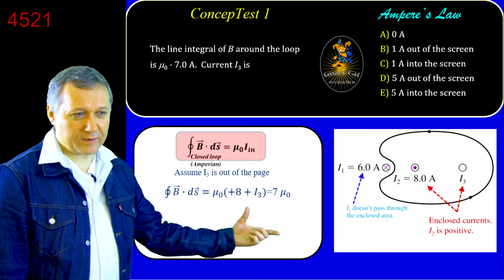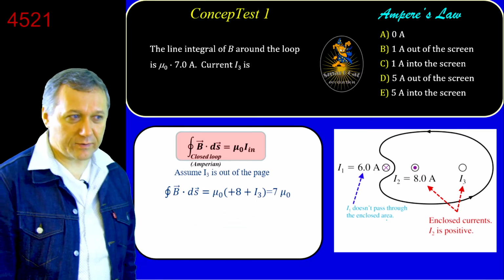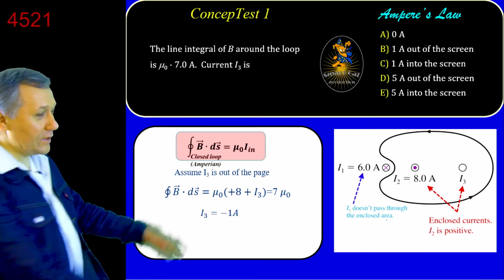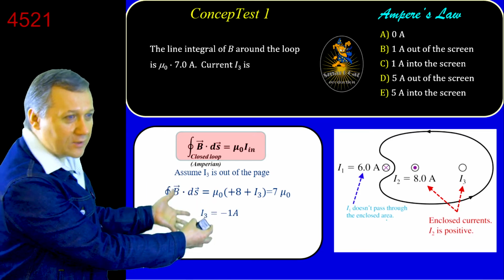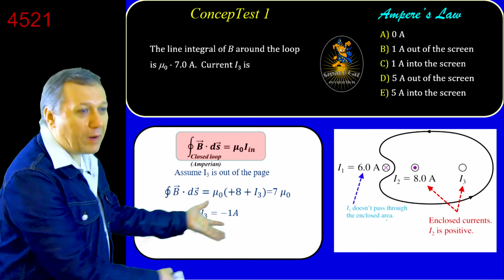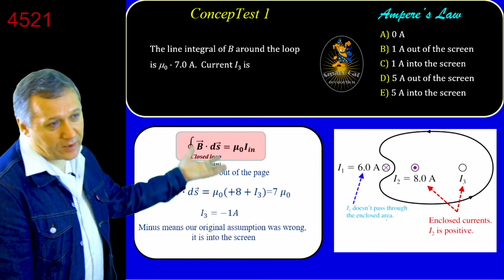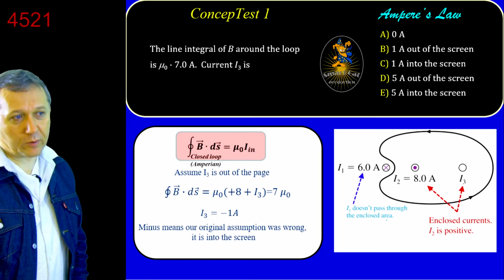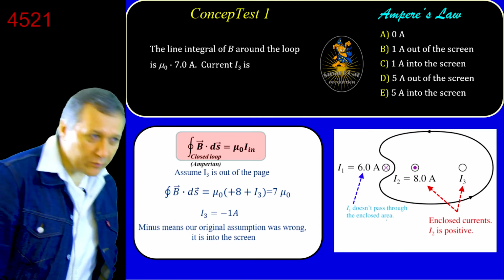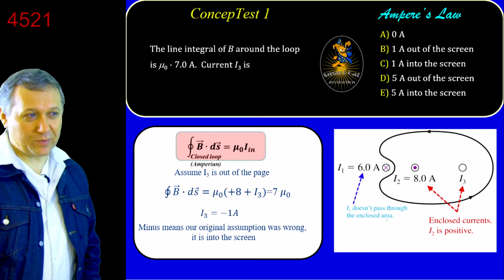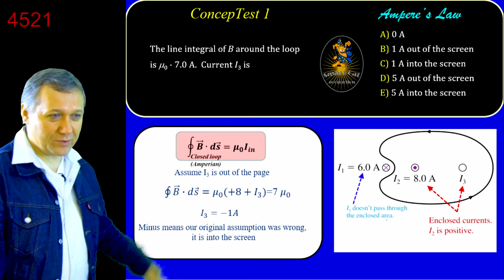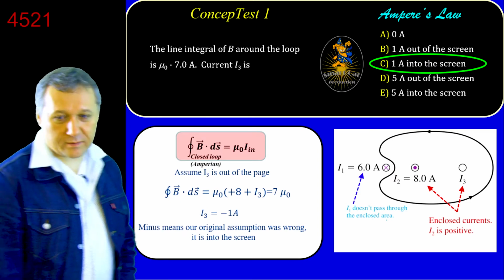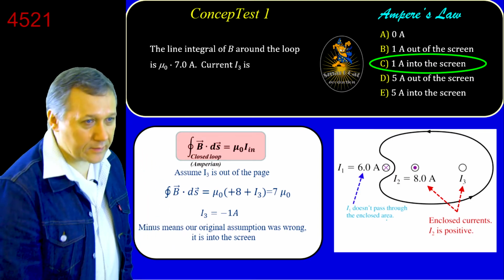Mu naught gets cancelled, and we get that I3 is minus 1. So the value of the current I3 is 1 amp. The minus just tells us that my assumption about the current direction was wrong. So it's not out of the page, it is into the page. That's the answer, and most of you answered it right.